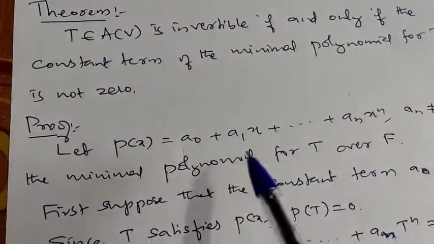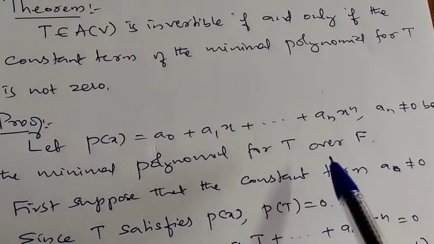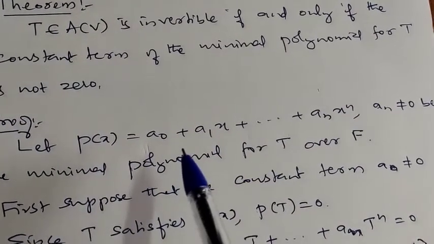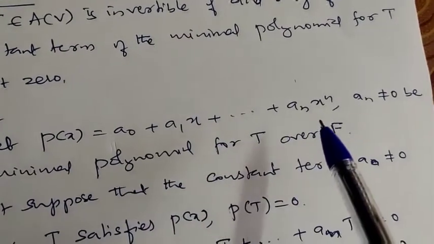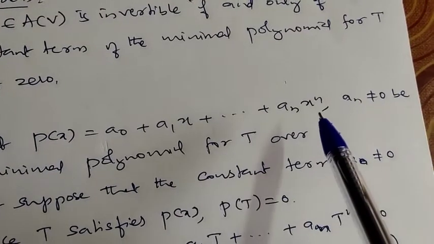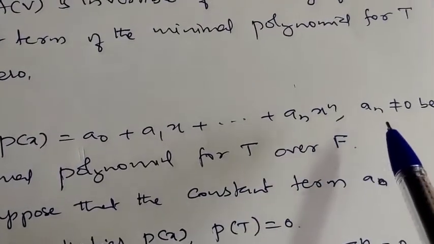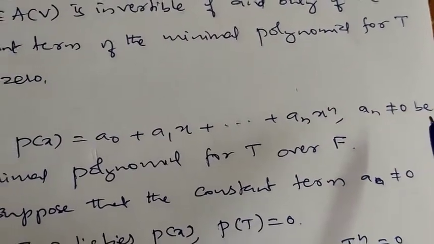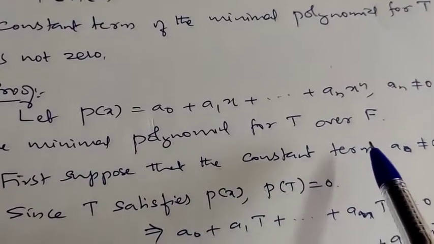So let P of x be the minimal polynomial satisfied by T. Let P of x equal a0 plus a1 x and so on up to an x power n, where an is non-zero, to assure that it is a polynomial of degree n. So this is the minimal polynomial for T over F.